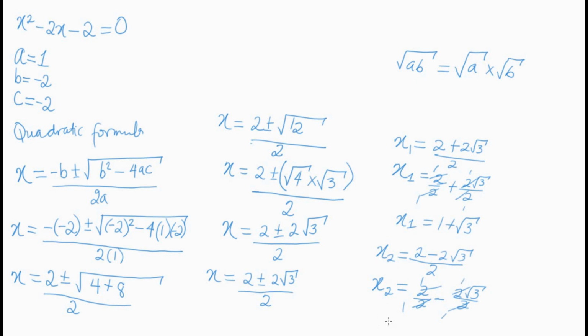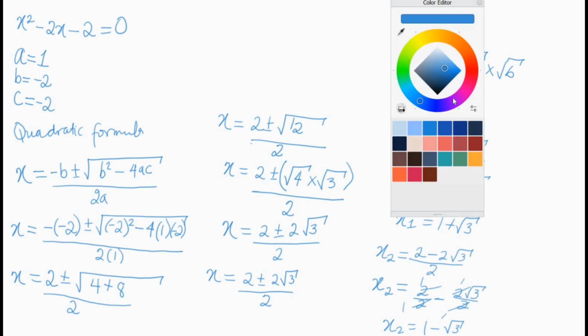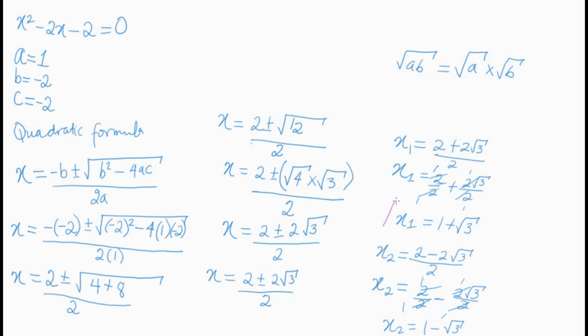So x sub 2 can have the value 1 minus root 3. So the two answers that we got from solving this are 1 plus root 3 and 1 minus root 3. So this is what we were solving for, and this is the answer we get.